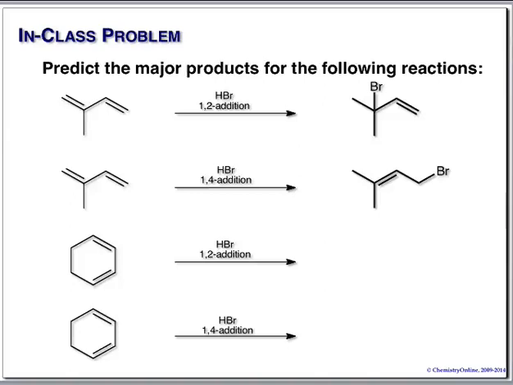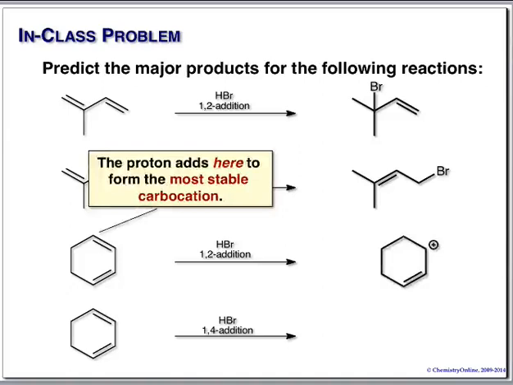But if we had our carbocation up here, it would be isolated from this double bond and would not be resonance stabilized. So you get the most stable carbocation if we protonate here to form this, again, this resonance stabilized by this double bond. Another way to think of it, this is an allylic carbocation, much more stable.